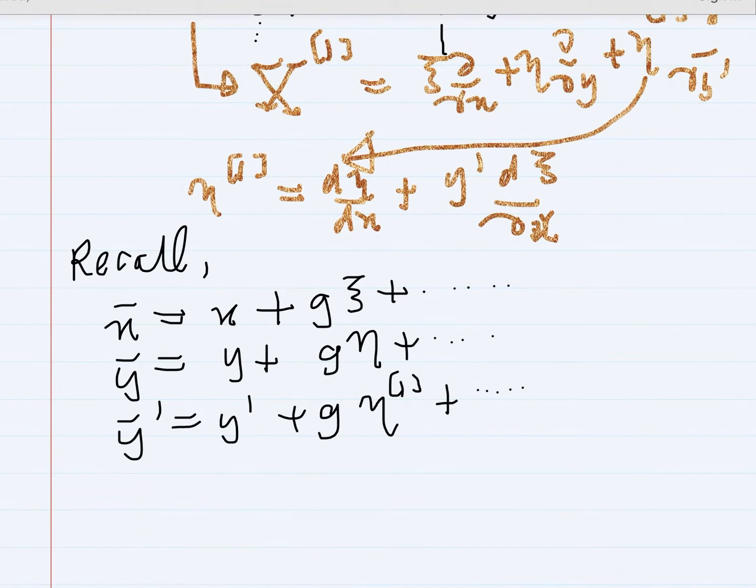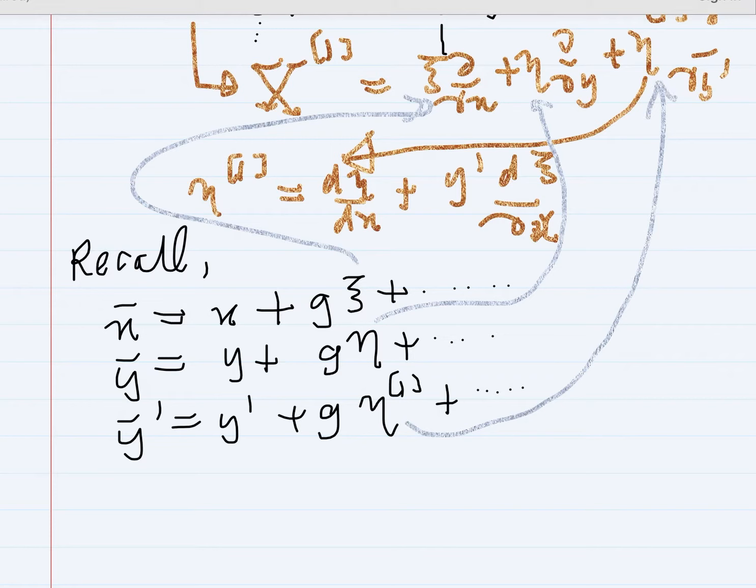So you notice that xi here corresponds to the xi there, the eta there corresponds to the eta there, and eta 1 corresponds to the eta 1 there. And that was the coefficient of g if our parameter in the one parameter Lie group of transformation was g. Let me remind you that the parameter used may not be g, it could be alpha, it could be epsilon, it's just a matter of notation.